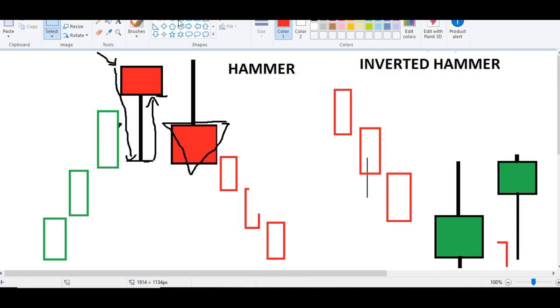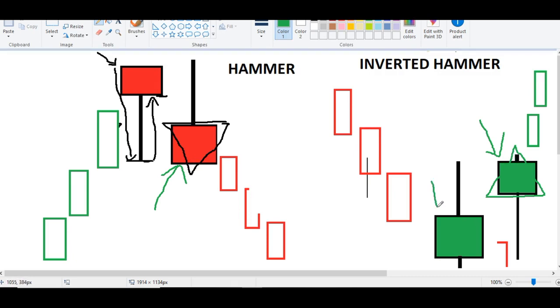This is a very, very good sign that price may reverse from here and start to move higher. Again, keeping this arrow in mind, this signal in a downtrend and this signal in an uptrend are very, very strong signals.